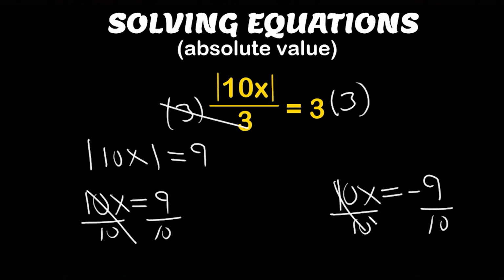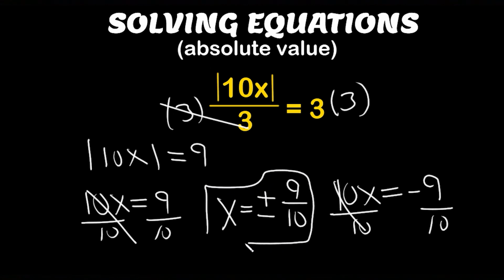And we have two different answers now. So we're going to have x is going to be equal to, I can write it all as 1 though, because 9 over 10 and -9 over 10, they're both the same number, so I can write it as plus or minus 9 over 10. So I'm pretty much including those two solutions in one. So there's my final answer. All right, let's go ahead and try another example.